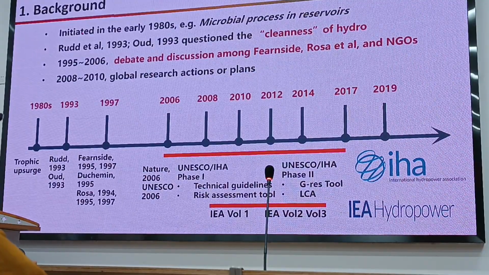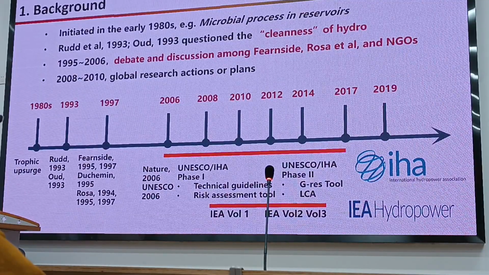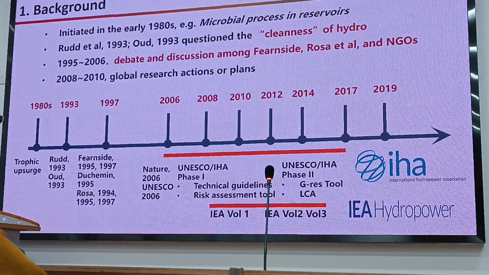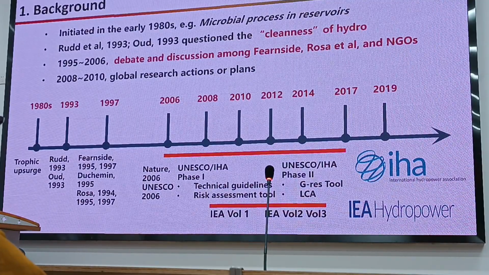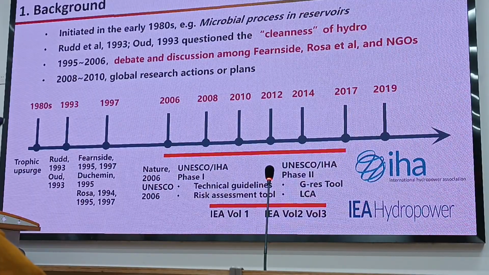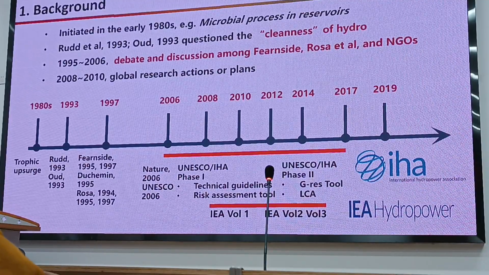And they experienced decades of debates, like the discussion between the two Brazilian groups, Fernandes and Rosa, and other NGOs, for instance, the International Rivers Network and also the WCD, World Commission on Dams. They published a series of publications.